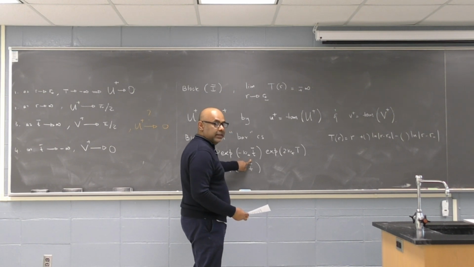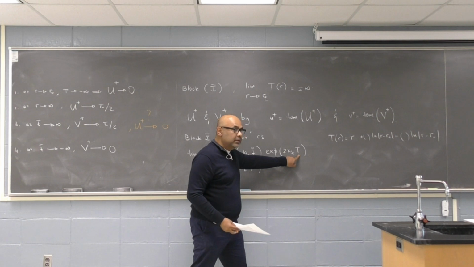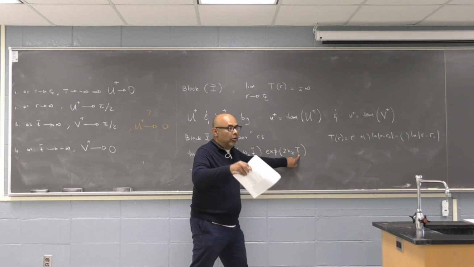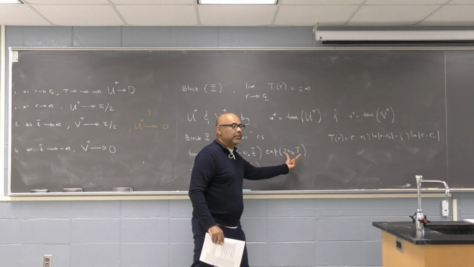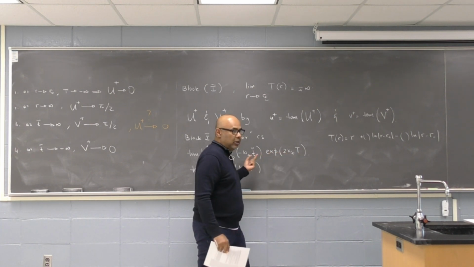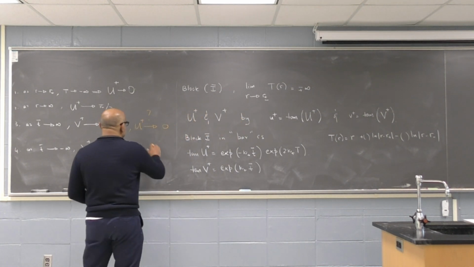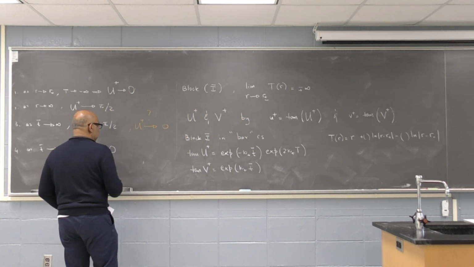That you cannot say, because this has an r dependence, and depending on r approaching r plus or infinity, this too has plus and minus infinity. So 0 times infinity is not well defined. So this you cannot say. In fact, it is not true.